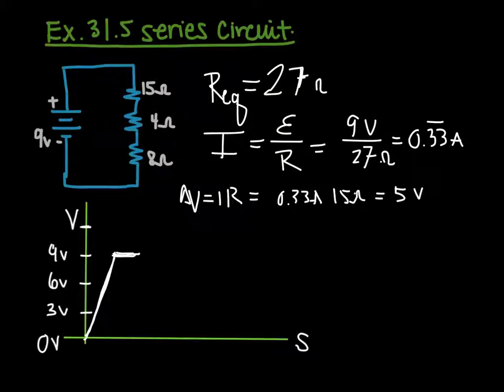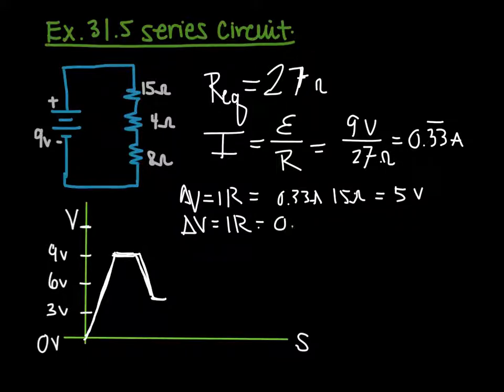So we're going to decrease by 5 volts, which brings us down to about 4. I'm trying to find where that would be, and trying to make my slope the same. There we go. Then we'll just consider a little space between the resistors, where the potential is not changing. We'll do the same thing for the 4 ohm resistor.